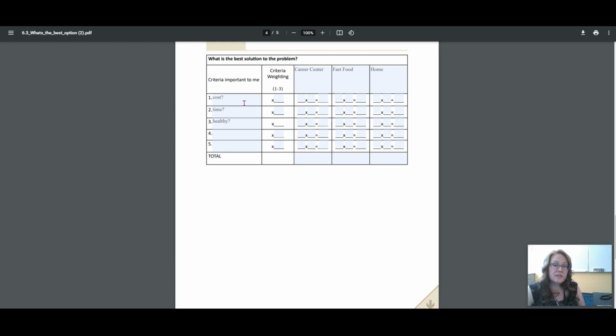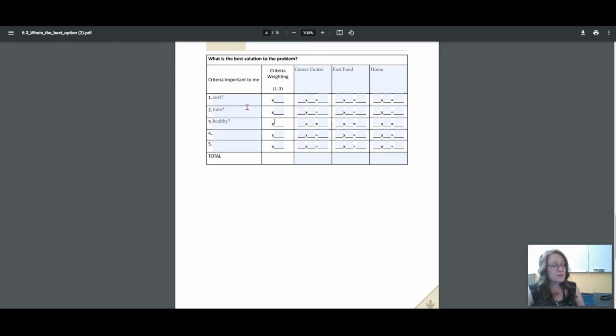I'm going to consider how much it's going to cost. I'm going to look at how much time is involved. I have 30 minutes for lunch, so I don't want anything that's going to take longer than 30 minutes. And then I'm going to consider whether or not it's a healthy choice. My criteria are in this left-hand column.